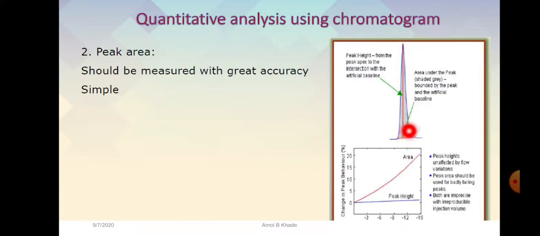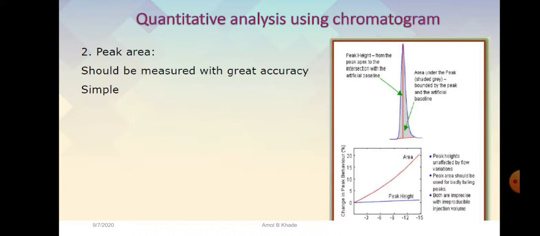From this baseline to the peak top, we can draw one vertical line and measure this distance. This is nothing but the peak height. This peak height is directly proportional to the concentration of the separated analyte. So the greater the peak height, the greater the concentration. That is very usual, and it is very simple to measure the peak height if the peaks are symmetrical in shape.